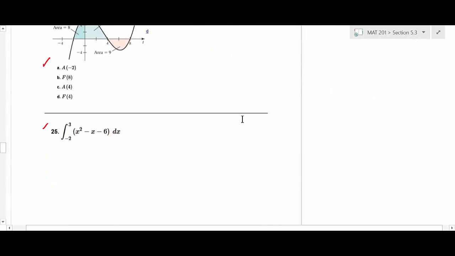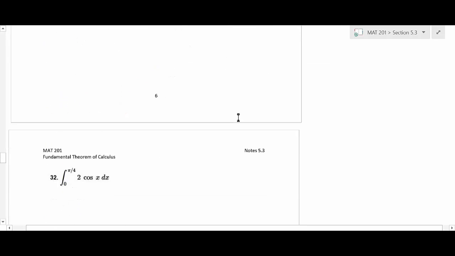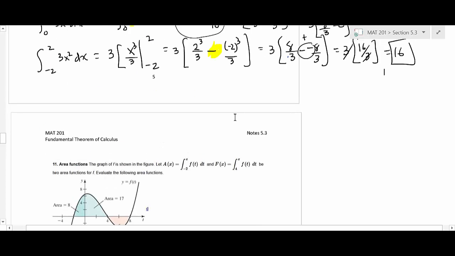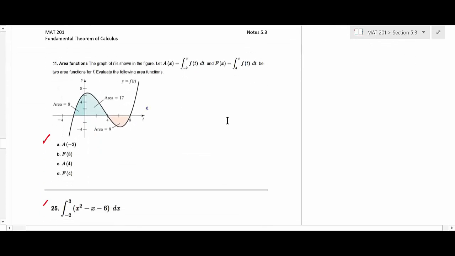Let's do a couple more things here. I want to run through a little bit more with this before we take a break. Let's look at this graph here and go through these things. These are area functions, and this is representing an integral.